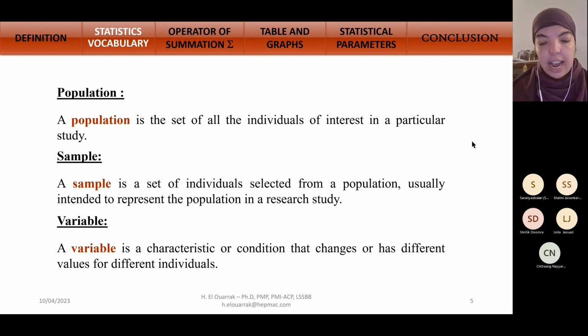Here, the population is defined as what do we need to understand? What entity are we trying to understand the behavior of for a specific reason? Either we are interested in launching a new product and we need to know whether the product would be a good hit for a certain demographic. So we're trying to understand the demographic, how it works, or we're trying to evaluate the efficiency of a certain machine.